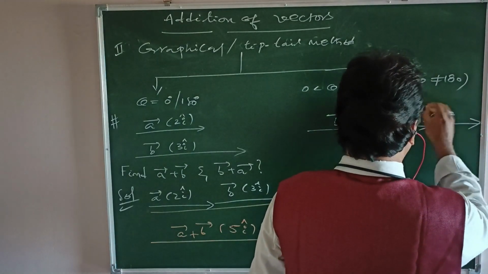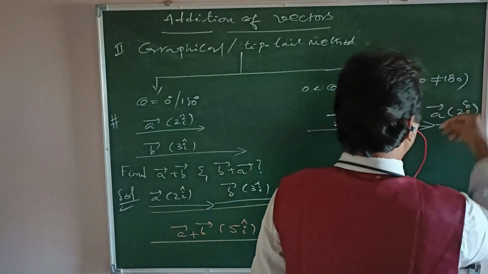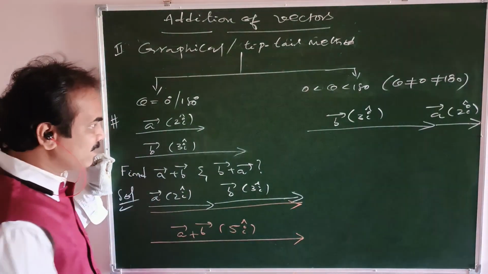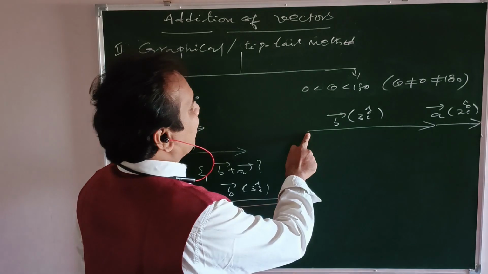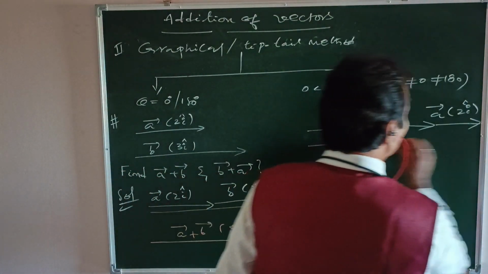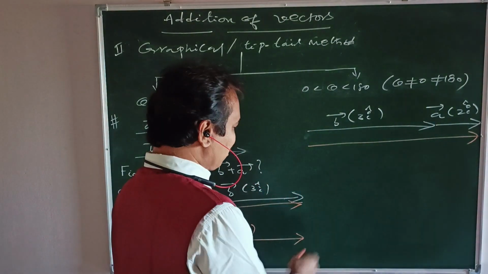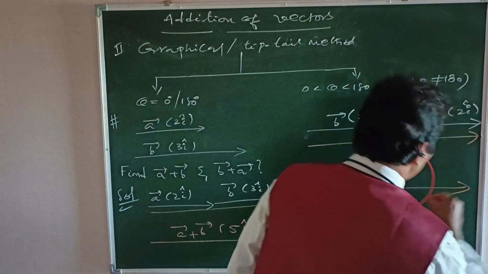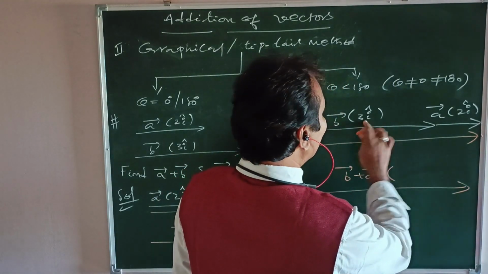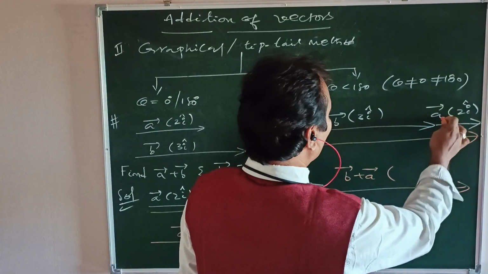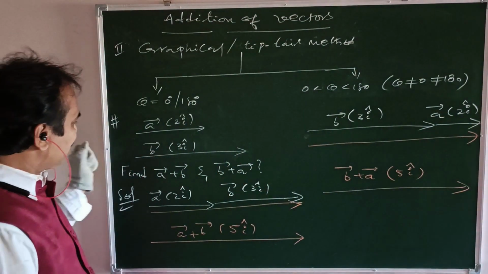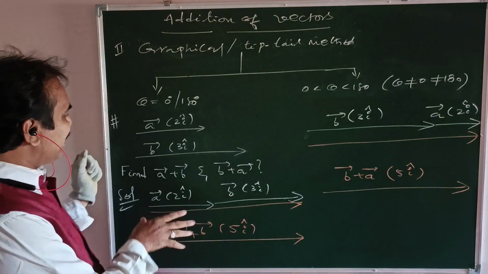This is A bar of magnitude 2i cap. This time also take one resultant vector from the tail of B bar to head of A bar. This is the resultant. This is B bar plus A bar of magnitude 3i plus 2i, that is 5i cap.